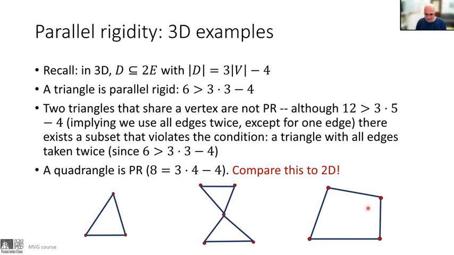So the directions of these 2 planes determine the direction of this line. So in fact, even though we didn't have an explicit edge here in the diagonal, the direction of the diagonal is actually known. And that's why this is parallel rigid. And that's not true if the 4 points are coplanar.